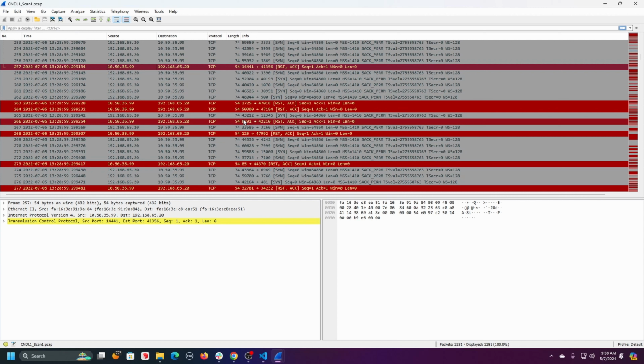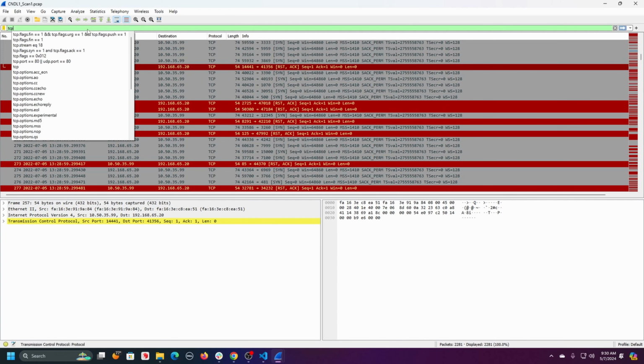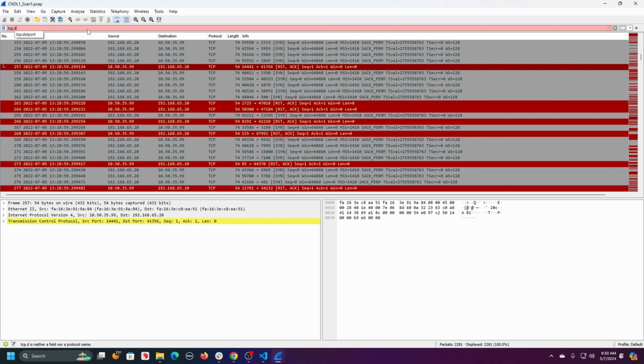So to answer this question, we're looking at what the port state of 5357 was. So we go tcp.port, all right, let's do dest port equals 5357.